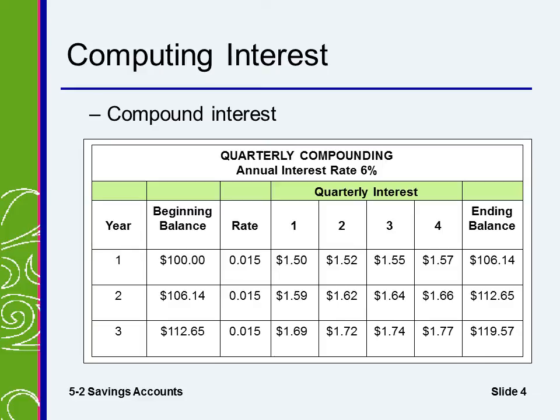Then you would take that $1.52 plus the $1.50 and add it to the 100 and multiply it by 0.015 to get $1.55. And then you would add all 3 quarters to your $100 and multiply it by 0.015. That would give you the $1.57, ending with $106.14. Then you would start that over in year 2, and you would keep going through the chart.